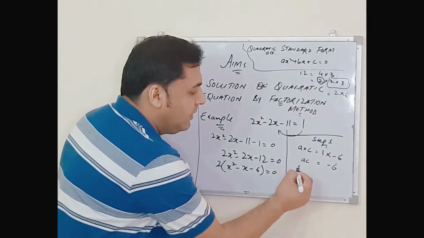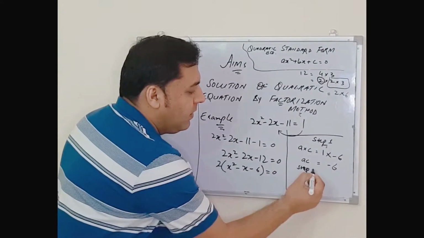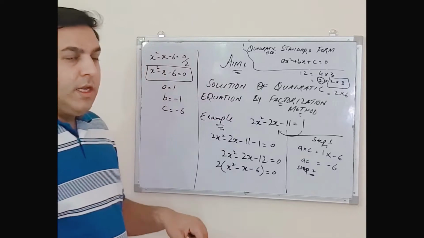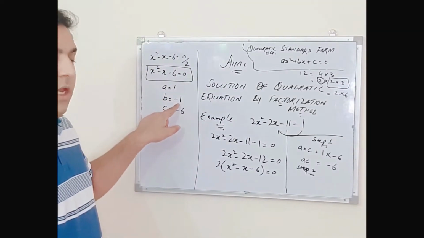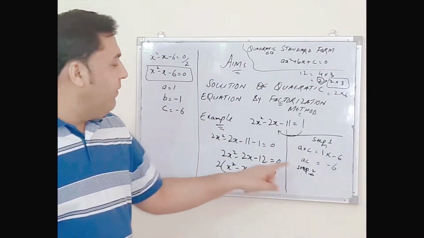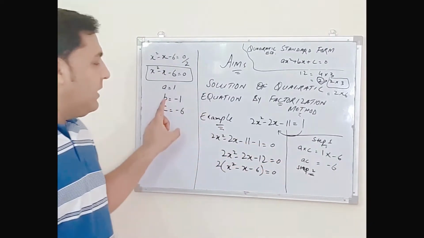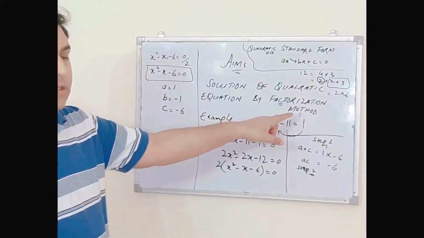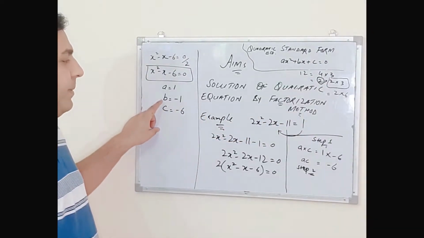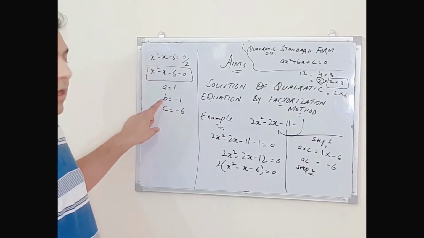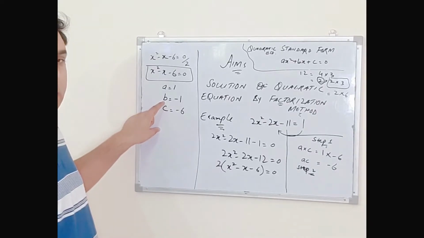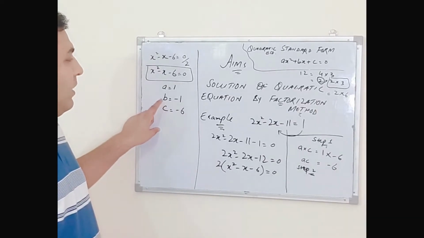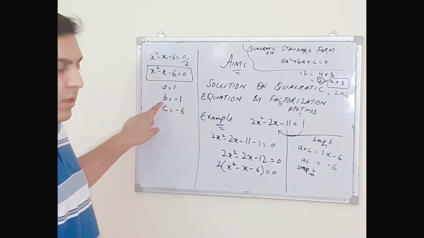Next step is, I will consider b, and I will split this b into two factors. This is what we call the factorization method. We will have to find the factors of b meeting a certain criterion.